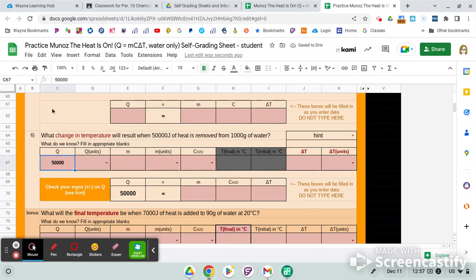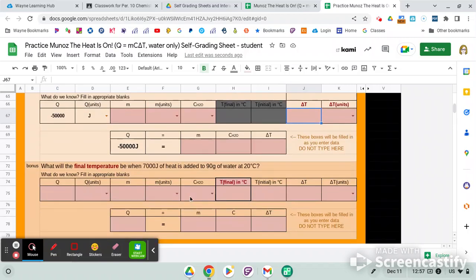We've never done a problem like that before, but that's actually negative 50,000, and my unit is still going to be joules. That negative is going to make my delta T answer be negative. So when you're doing number 6, this one will not work unless you put a negative in for Q, and you get a negative delta T as well.